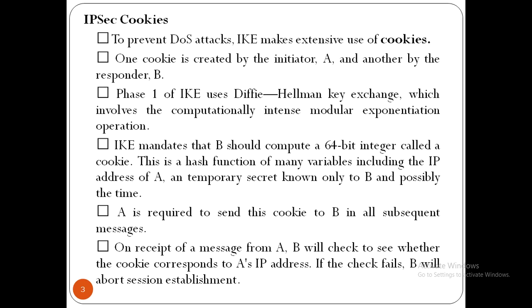For the same we require the cookies. So let us discuss the IPsec cookies. Now, to prevent DOS attacks, IKE definitely makes extensive use of cookies. Simply, an HTTP cookie or internet cookie is a small piece of data that is brought into the user's machine or computer through the web browser the user is using.